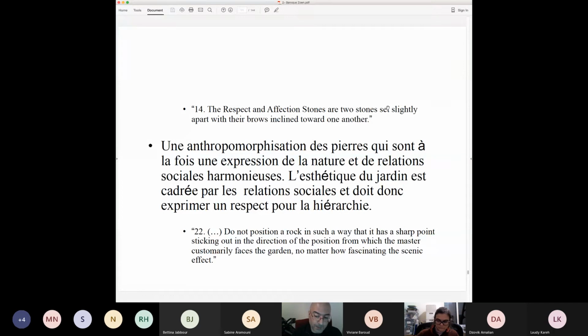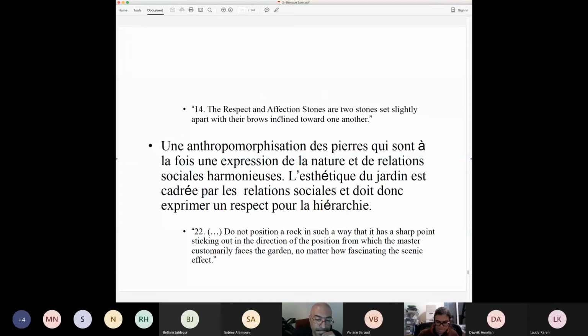And this aesthetic of the garden is framed by social relationships. And if it's framed by social relationships, it must also, in effect, express a respect for hierarchy. And remember, Japanese society is very traditional in terms of hierarchy.